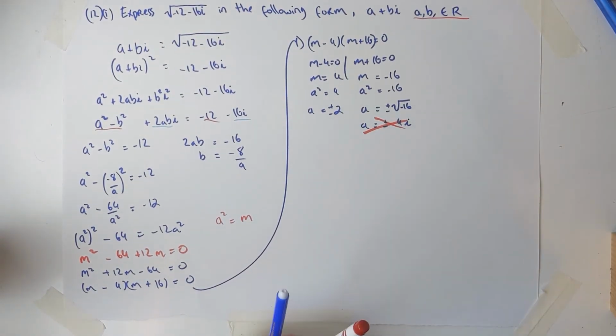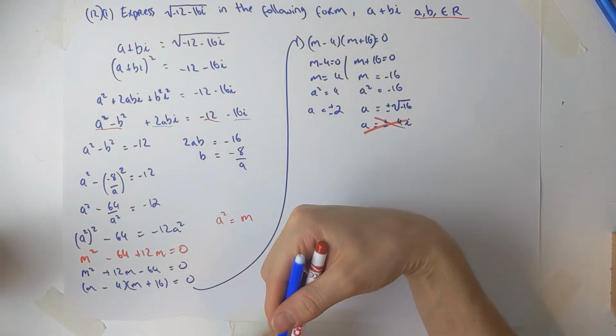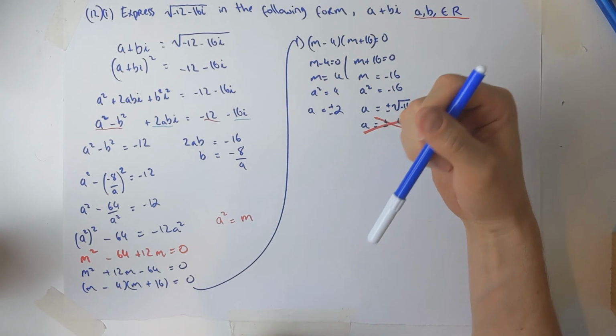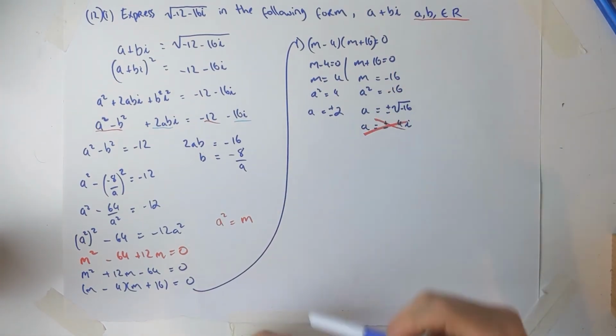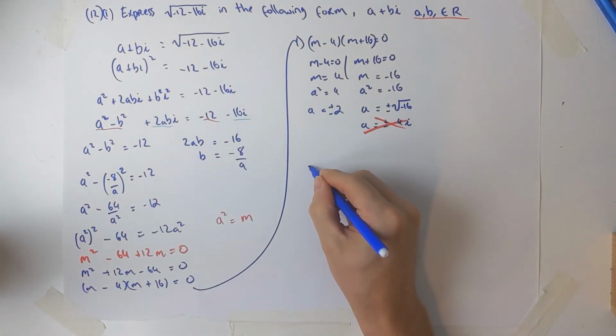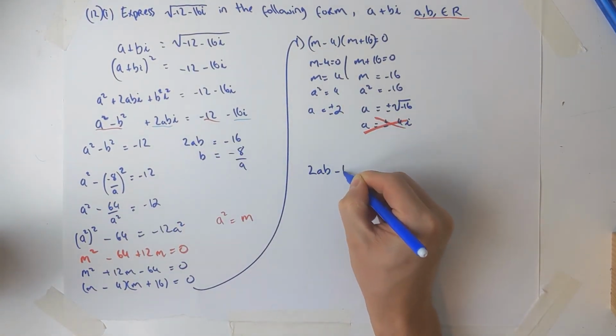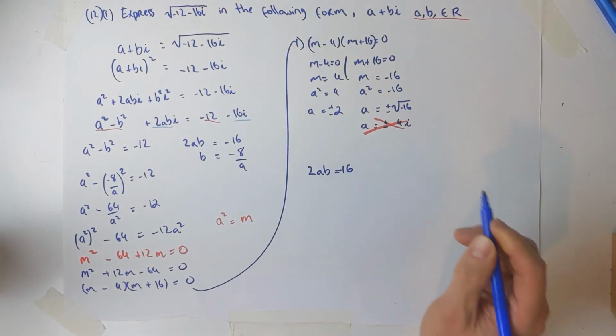And you can go with your value of 2. So you substitute this back into one of your equations. I'm going to substitute it into my linear equation here, which was 2ab is equal to minus 16.